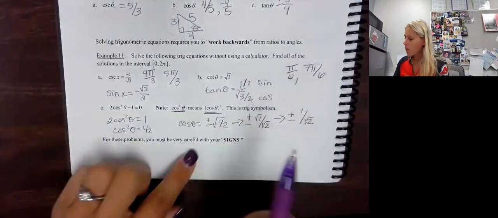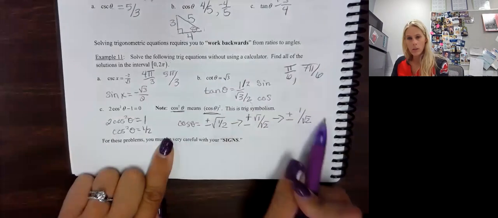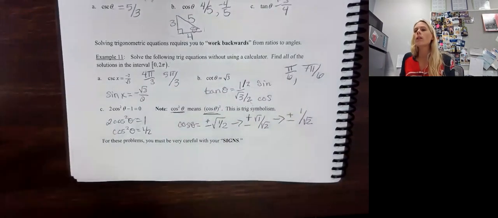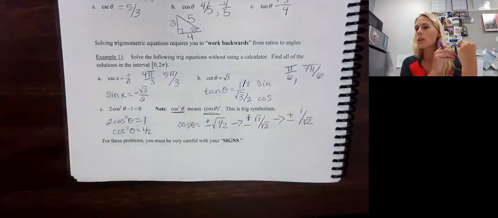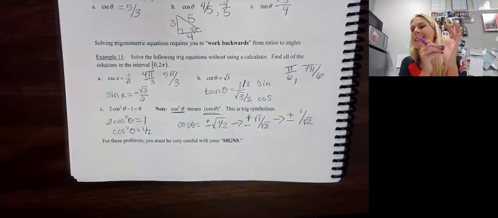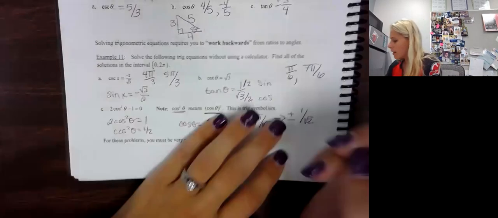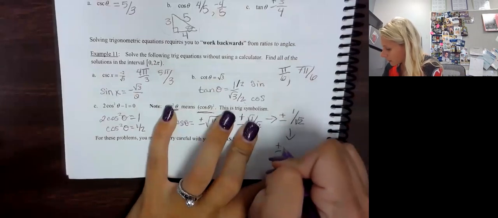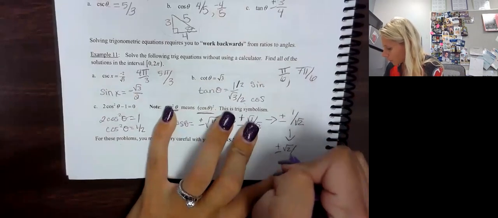Okay, so if you look though, some of you again are going, Ms. Heckman, I don't have 1 over the square root of 2. That's because the unit circle we made was simplified, where the square root was not in the denominator. The simplified version of this is plus or minus the square root of 2 over 2.